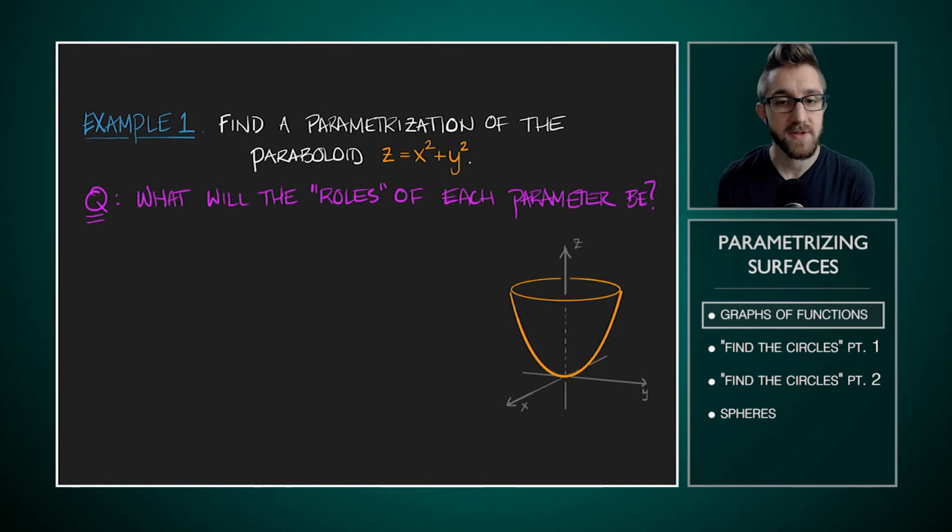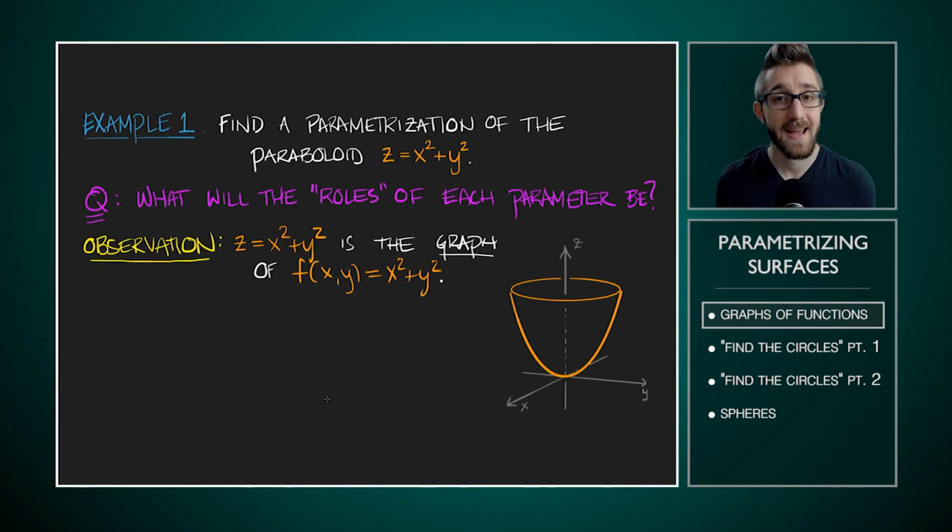But for our first parameterization, the thing I want to observe about this surface is that it's the graph of a function. And since our surface is the graph of a function, we know something pretty useful about it. We know that for all of the points on the surface, one of the coordinates, in this case z, is determined by the other two.